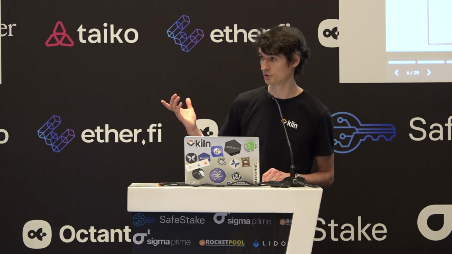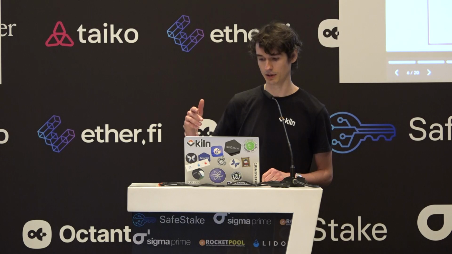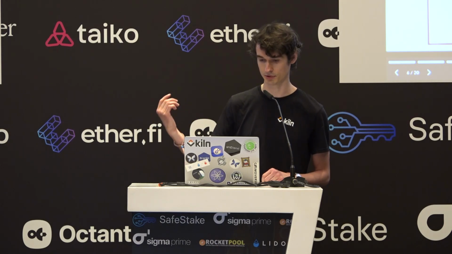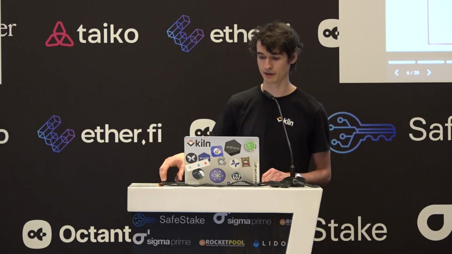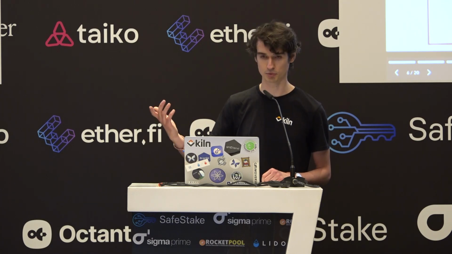So at Kiln, we developed a tool called the Ethereum Validator Watcher. It's a small Python tool which can connect to execution nodes and beacon nodes, and you can configure it with a list of public keys, and then it's going to look for different signals we are going to discuss a bit later. It's open source, so if you want to give it a try, we would be happy to have users.